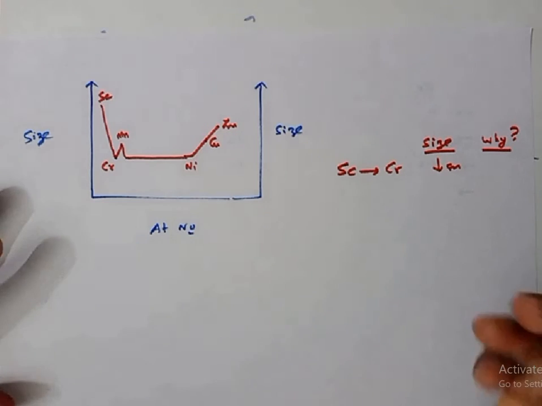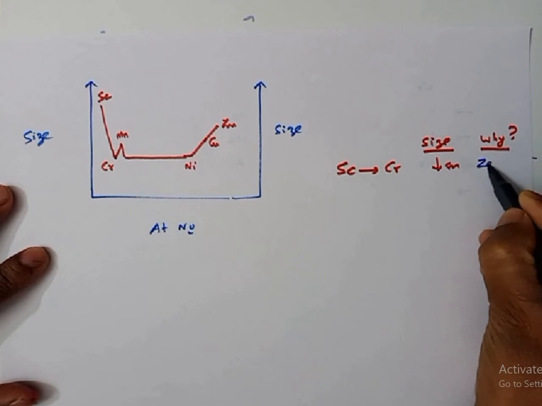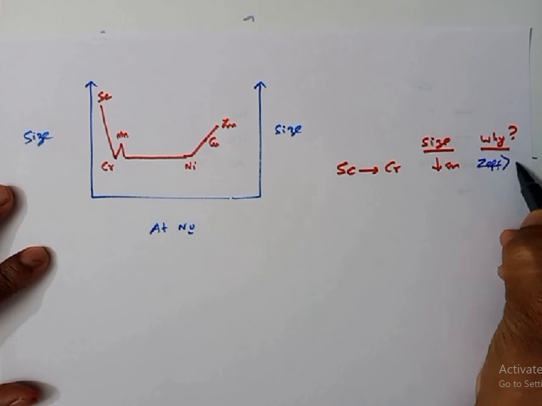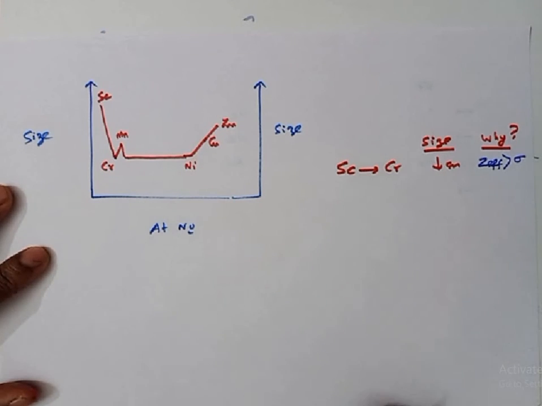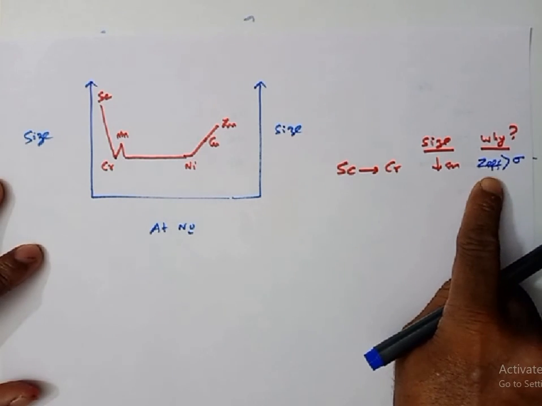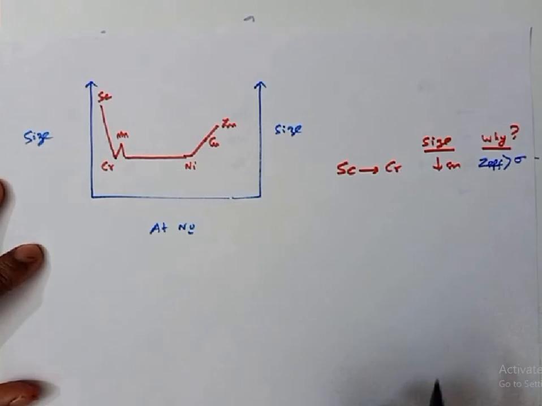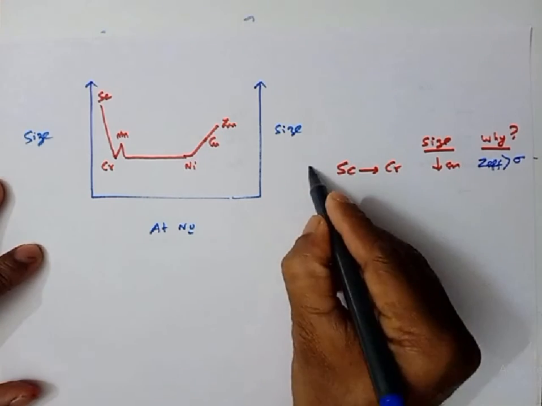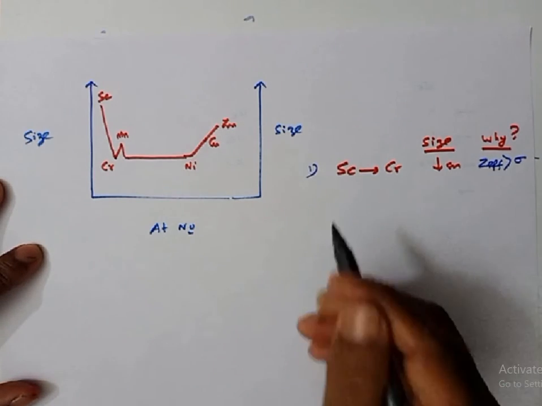You just give this answer, very simple. Effective nuclear charge is more compared to the shielding constant, compared to the screening effect. If effective nuclear charge is more, size will reduce. Simple.